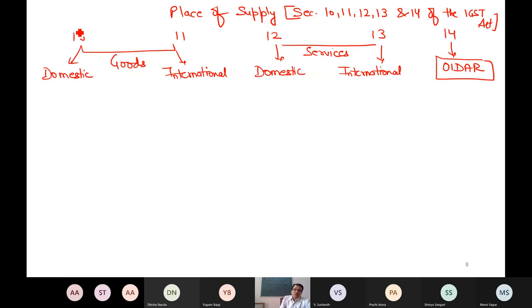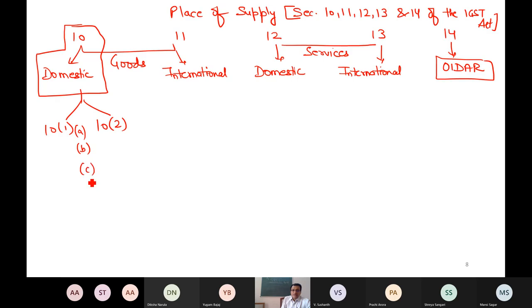My concentration in today's discussion will be on domestic supply of goods. Now we have 2 subsections, section 10(1) and 10(2). In this there are 5 clauses: 10(1)(a), (b), (c), (d), (e).